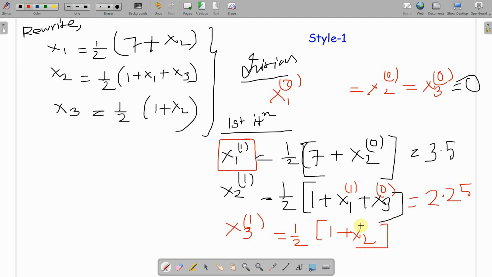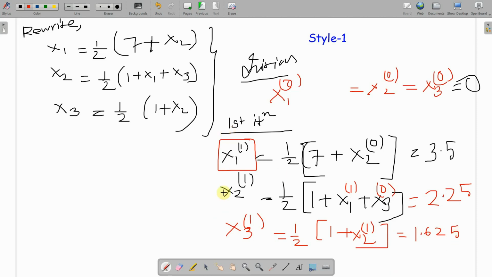What would be the value of x2 here? Which iteration? The first iteration. Then it will come around 1.625. Yes, it's coming around 1.625.